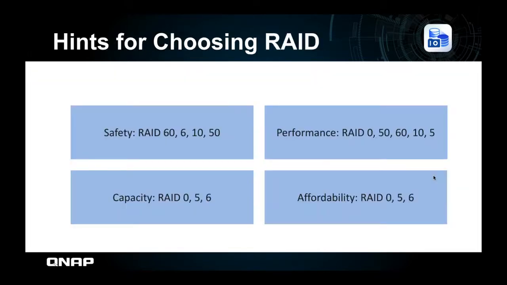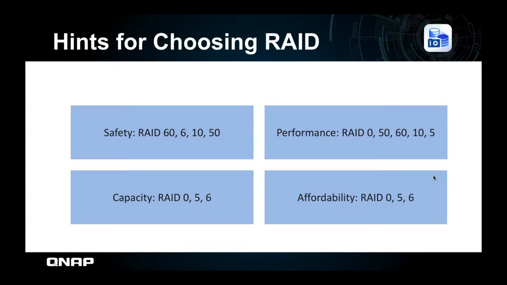So just for some hints for choosing your RAID configuration, you might want to think about safety, performance, capacity, and affordability. So some of our safest RAIDs would be like RAID 60, RAID 6, RAID 10, or even RAID 50 is fairly safe. For performance, RAID 0, RAID 50, 60, 10, or 5 would all have really quite good performance.